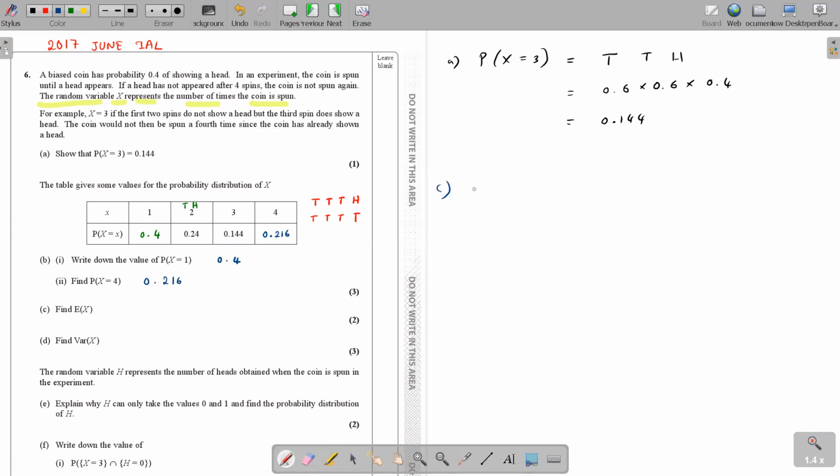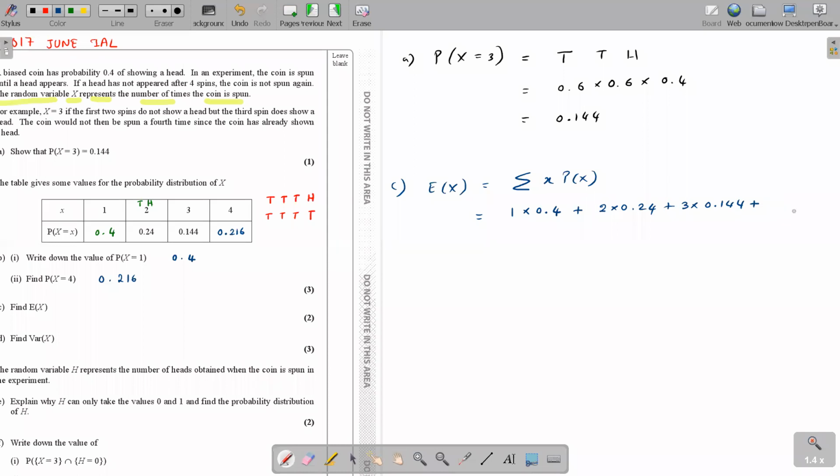Find E(X). Children, part C, expectation E(X) is sigma X times the probability. You multiply each X value with its respective probability and keep on adding. So the first X value is 1, multiply with 0.4, plus 2 multiplied with 0.24, plus 3 multiplied with 0.144, plus 4 multiplied with 0.216.